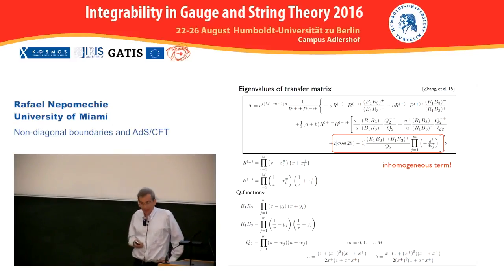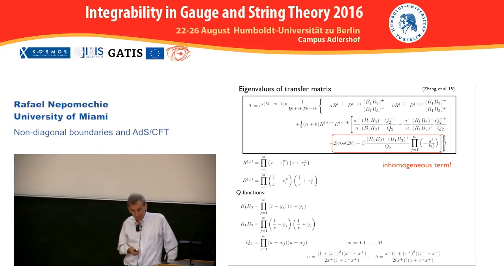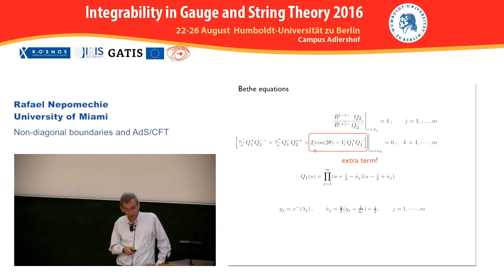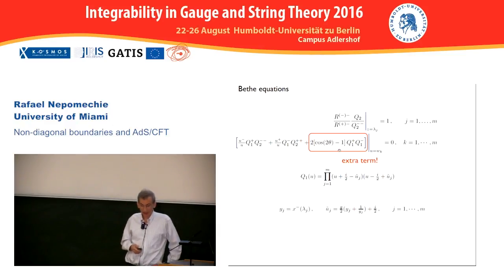So because of the appearance of this inhomogeneous term, the Bethe equations will get modified. You don't have to look too carefully at them. The most important point is, again, one Bethe equation is not modified, and then this other one here gets an extra term because of this theta.